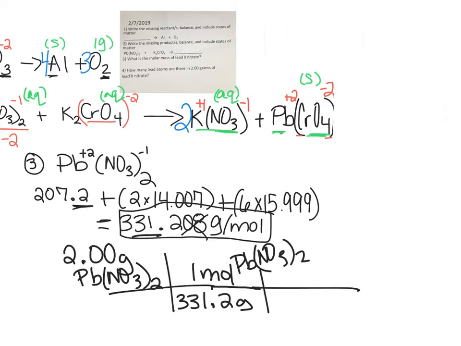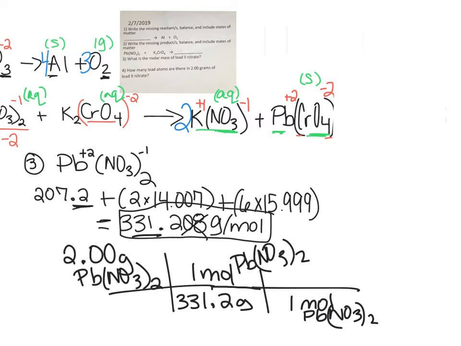Okay, words come down to the right again, where we have 1 mole of this lead 2 nitrate. Okay, but we can't just go straight to atoms because you don't have an atom there. That is a molecule, or it's a formula unit. Sorry, formula unit because it's ionic. So we want to know just lead.